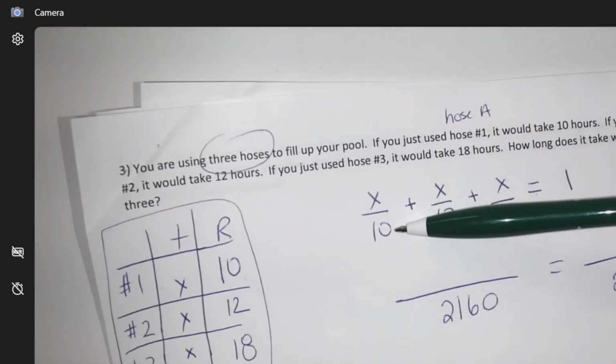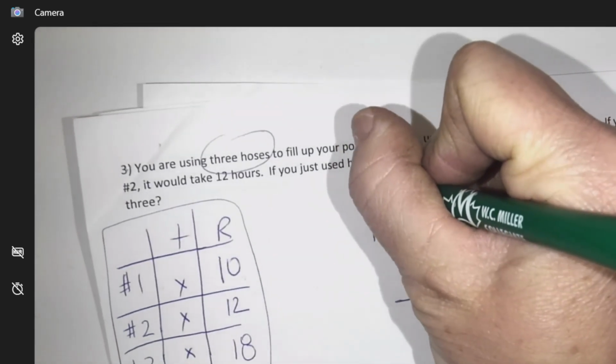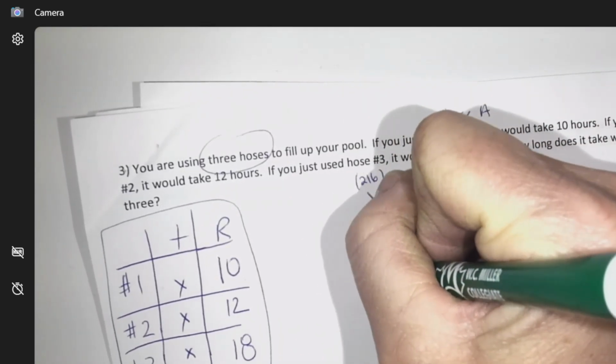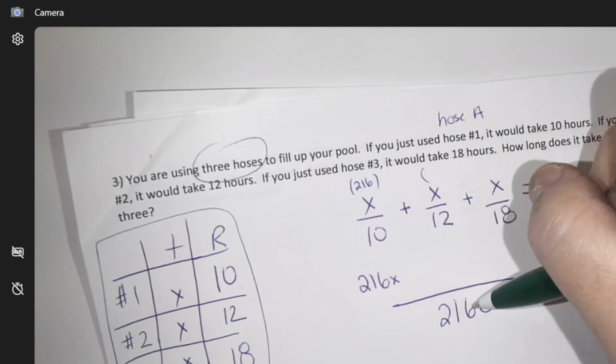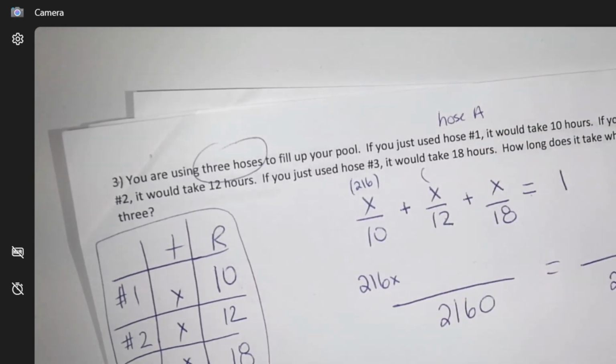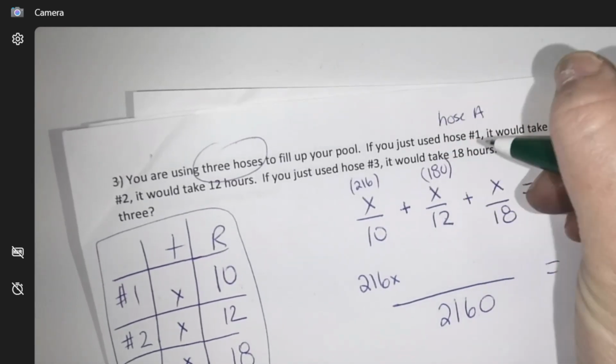Okay. So I have to times 10 by what to change it there? 216. 12 would have to get times by what? Pick such a big number here. Now I got 180.